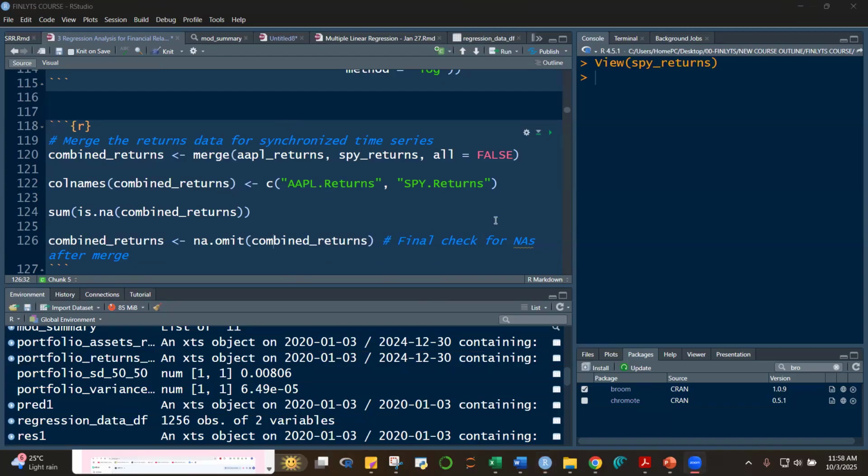Okay, kindly confirm again, please, if you have that object. I just want to know if you're able to follow. You now have combined returns also. Okay, good. Thank you.